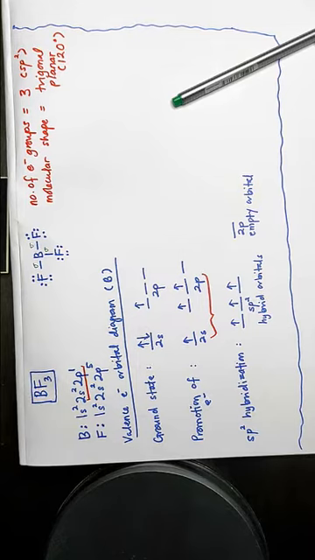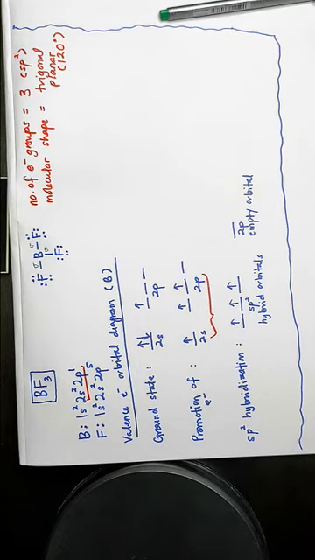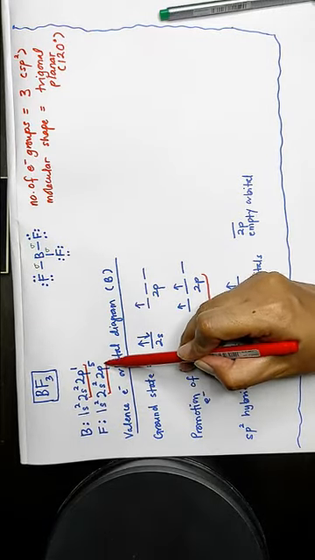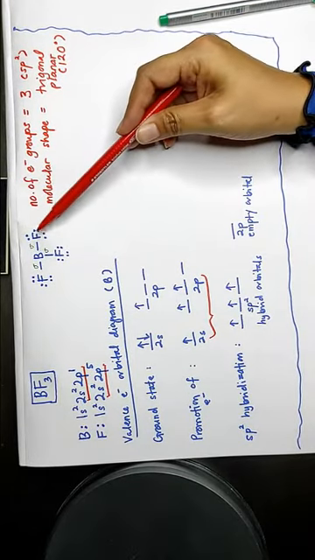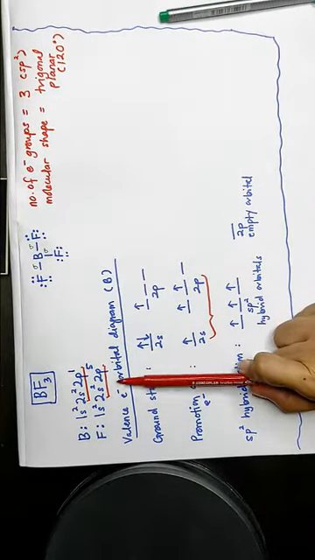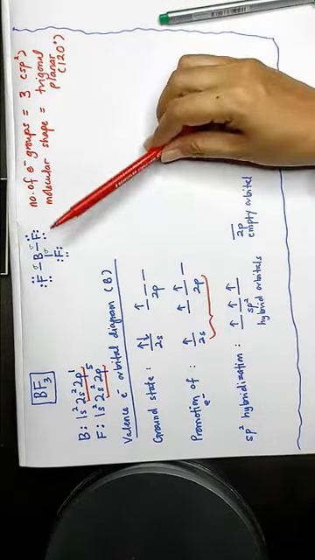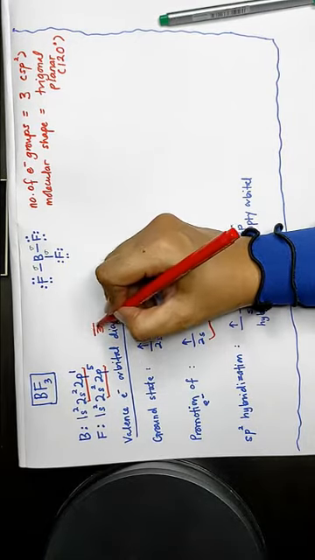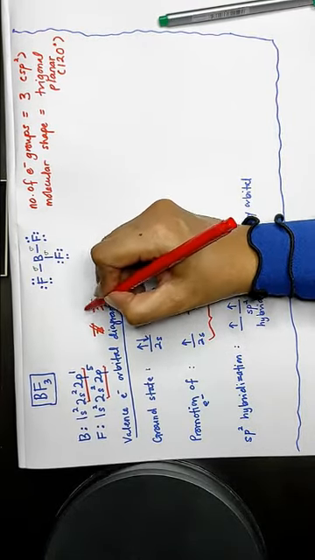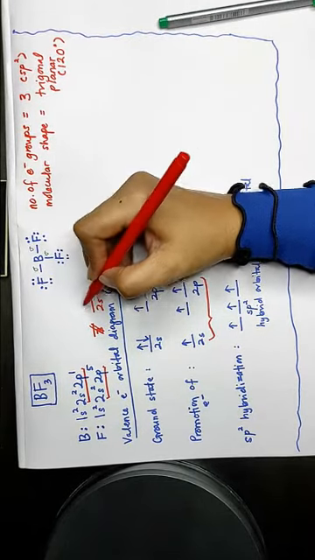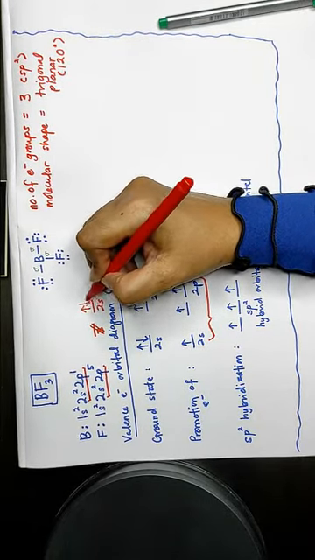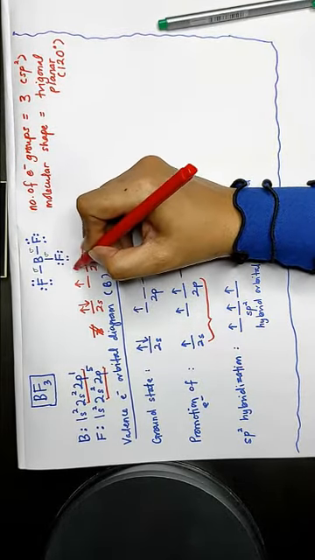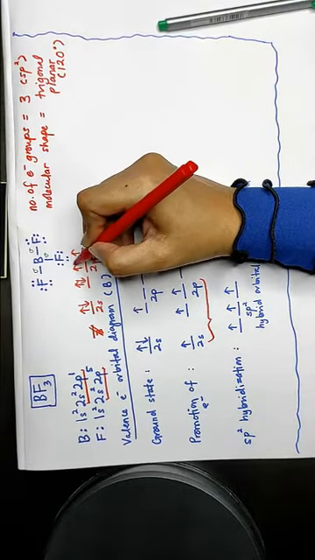Now we are going to show the orbital overlapping. In order to show the orbital overlapping, we have to refer to the valence electrons of fluorine, because the sigma bond is formed between boron and fluorine, and the valence electrons of fluorine are involved in the formation of the sigma bond. If I draw the orbital diagram for the valence electrons of fluorine, we have 2s2, 2p5: 1, 2, 3, 4, 5.